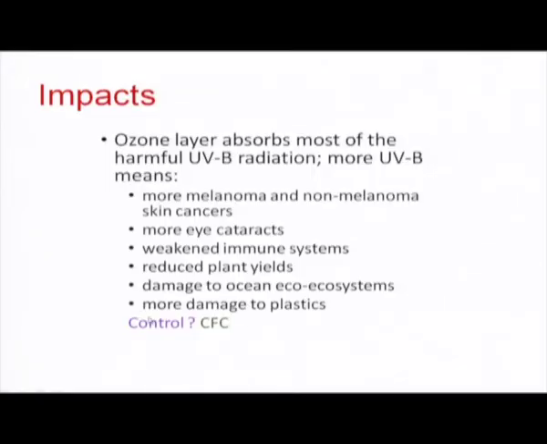The marine ecosystem is also affected because of this, and not only the ecosystem, plastics are also damaged because of the stronger UV light, and deterioration of plastic also happens. These are some of the impacts, and ultimately we have to control this.